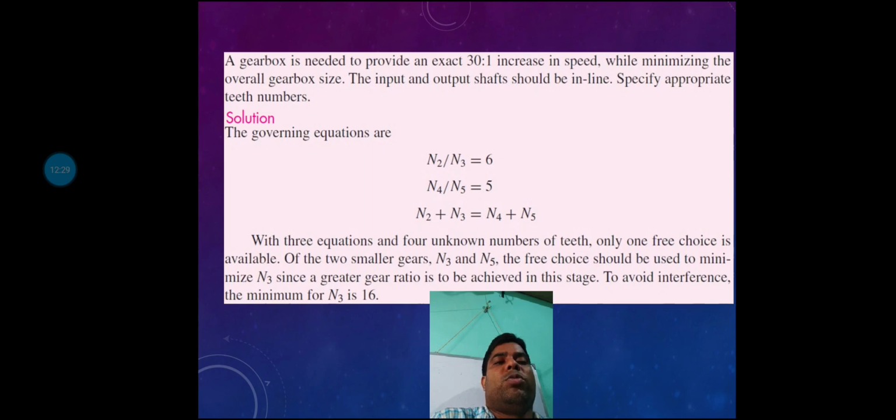We should minimize the n3 value, since the gear ratio is to be achieved in two stages, and to avoid interference, the minimum for n3 is 16.